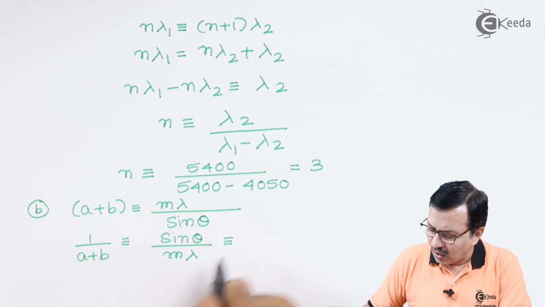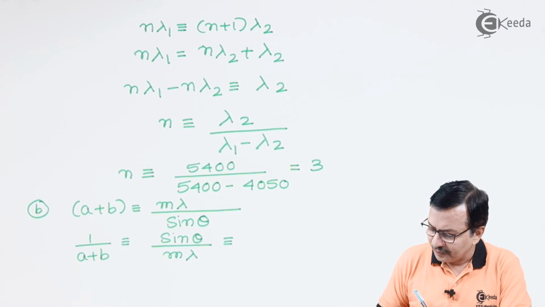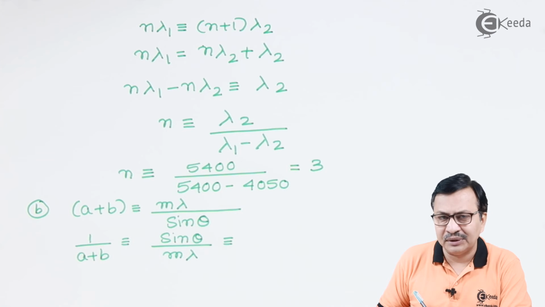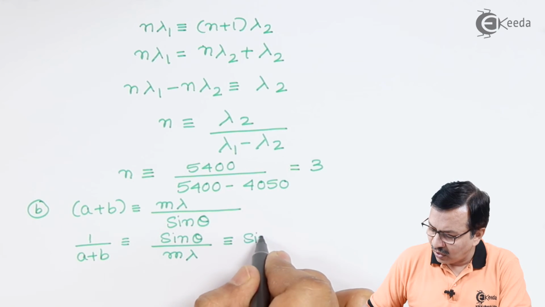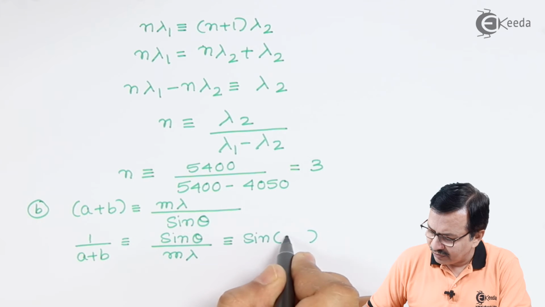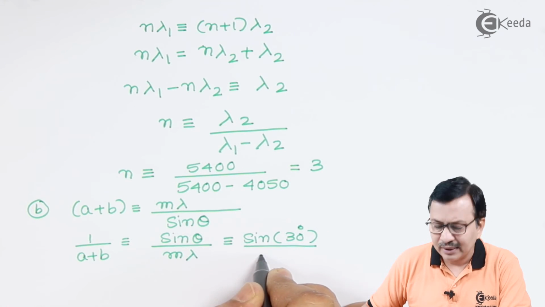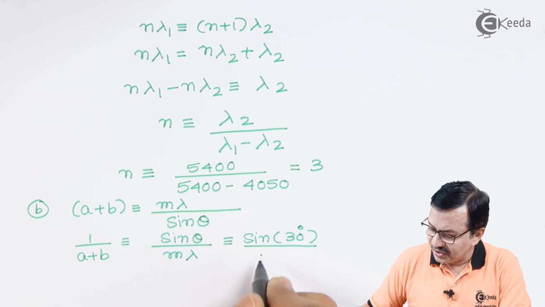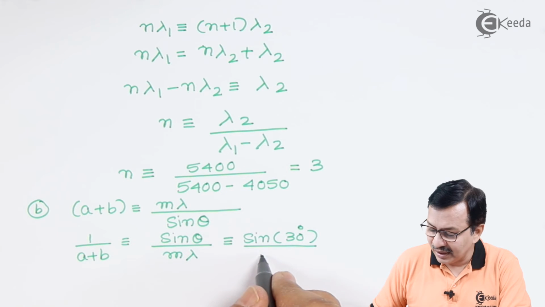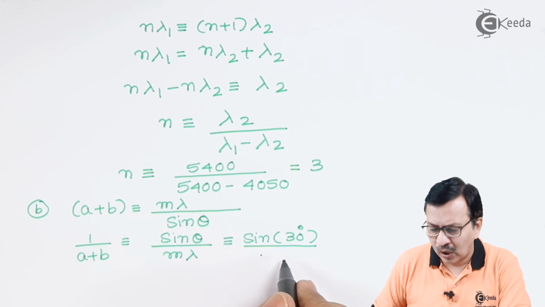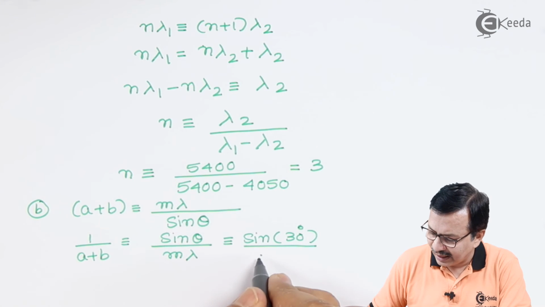We know the value of sine theta, which is sine of the angle equal to 30 degrees, and the order, which in this particular case, you can say either this order is m or n. We have taken it as our n.